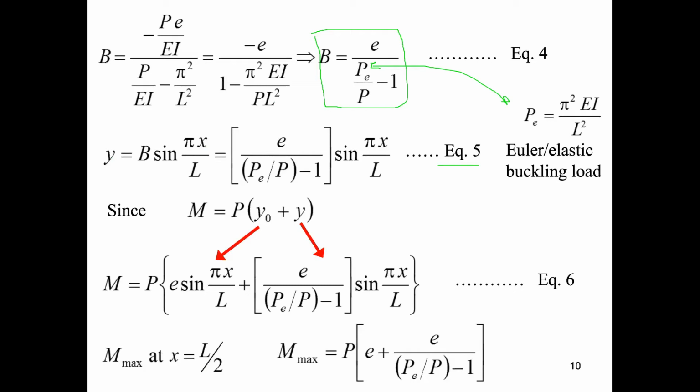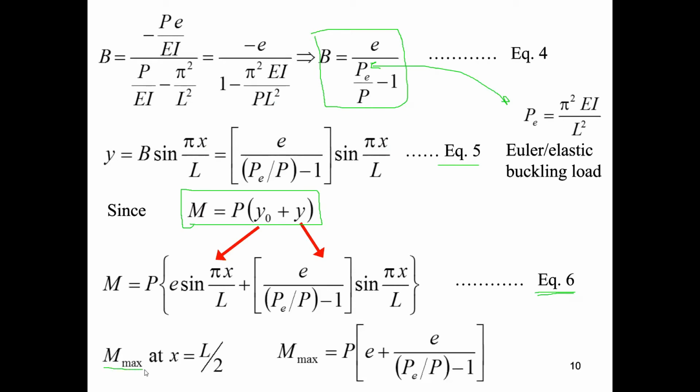Now, if we substitute equation 1 and equation 5 into the equation of the total moment M equals P times (y0 plus y), the total moment can be found as shown in equation 6.